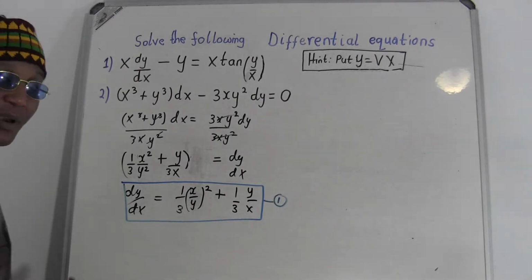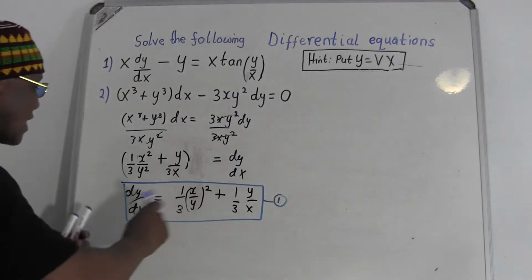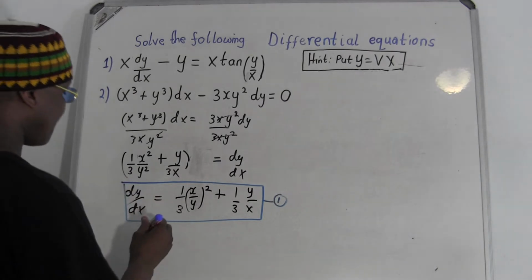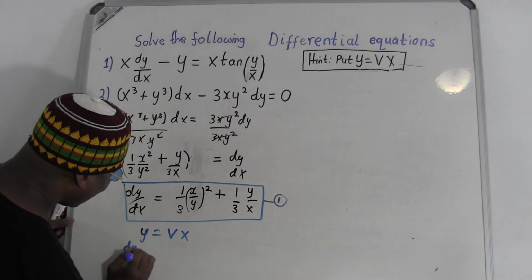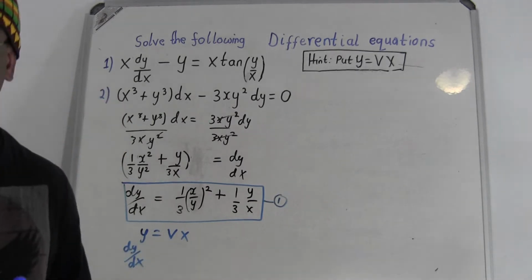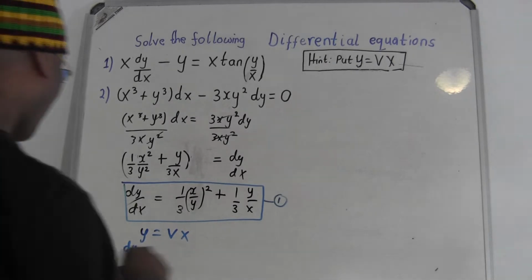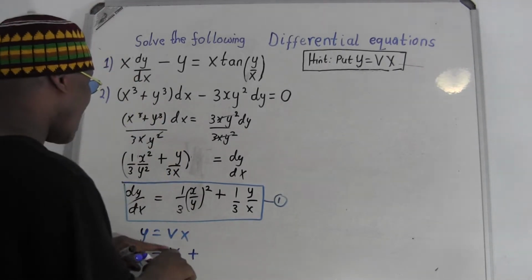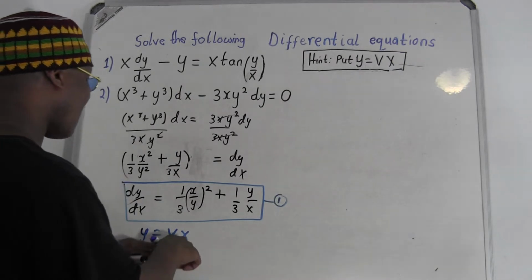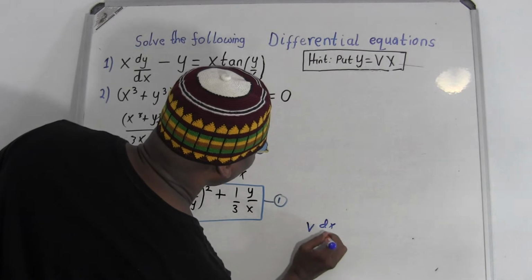So now I can just simply come right here and say, well, they give me y equal to vx. So if y equal to vx, then dy over dx, let me see if the camera is capturing, because I want to make sure I write everything on a frame. Okay, equal, v is going to be constant, and the differential dx means it's going to be v constant differential dx. It's going to be v dx over dx.